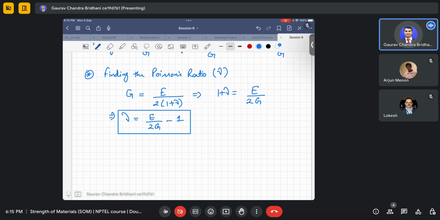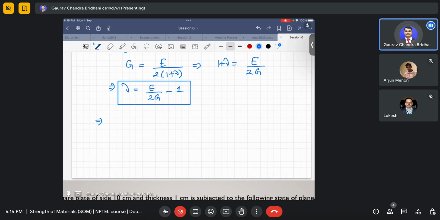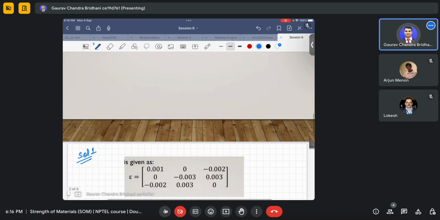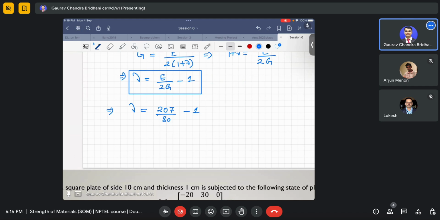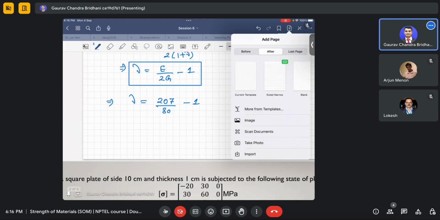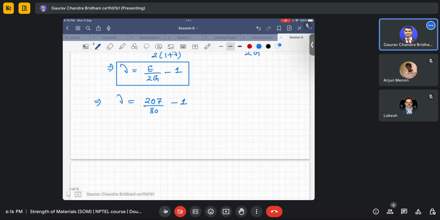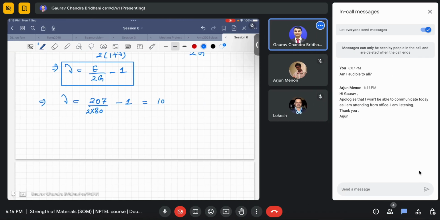I'll request you to find this value also. We know what E is, we know what G is. It is 207 upon 2 times 80 minus 1. I forgot the 2 in the multiplication, but no issue.